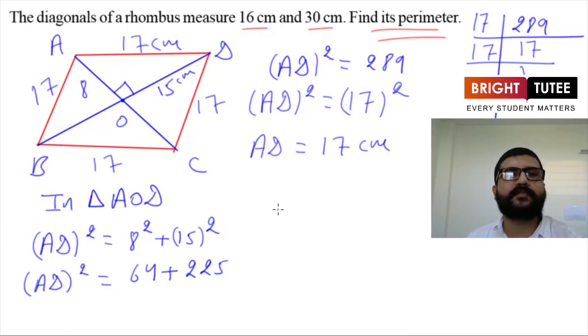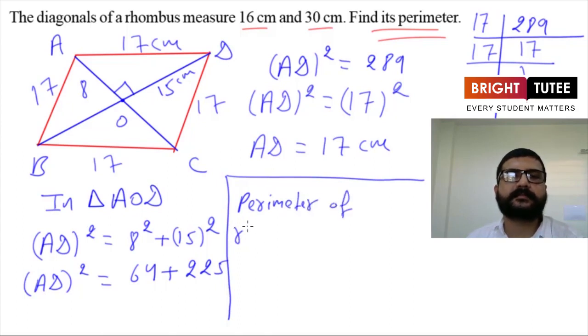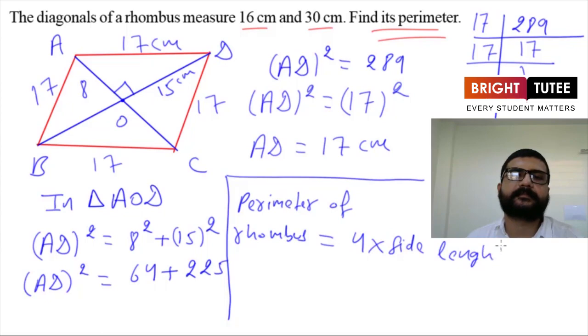Now how to find perimeter of this rhombus? So we know all the four side lengths are equal, so it means perimeter of rhombus is equal to 4 into side length. And what is the side length?